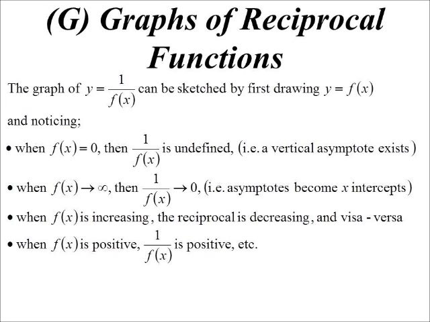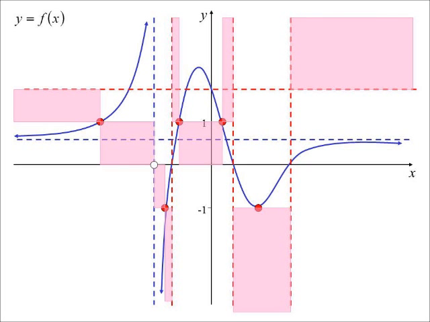I also know the sign's not going to change. Turn a positive number upside down, it's still going to be positive. Same with negatives. So let's put some more information in. My original curve over here on the left-hand side is always positive. So when I turn it upside down, it's still going to be positive.